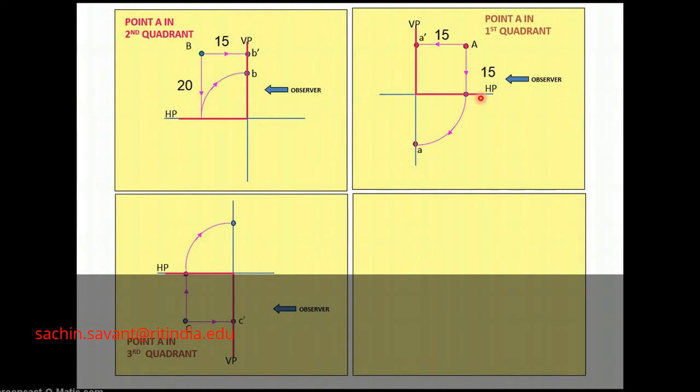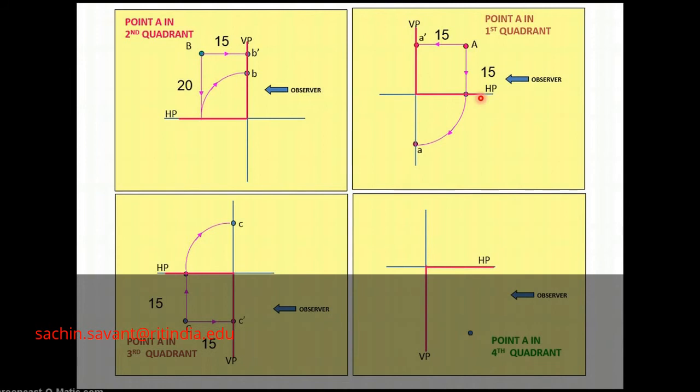To make it visible, this point C is rotated in clockwise direction, so point C, that is the point in the top view, lies above the XY line, and point C dash lies below the XY line. Both are the points at 15 mm above the HP and 15 mm below the HP.